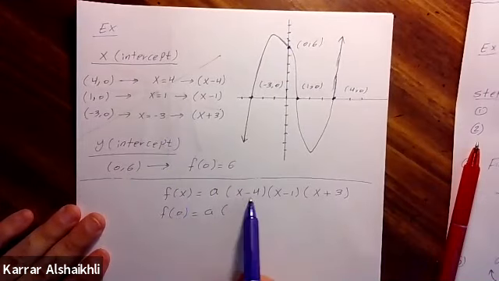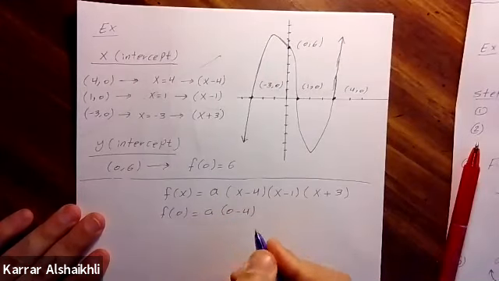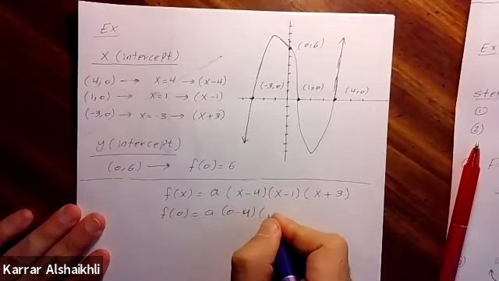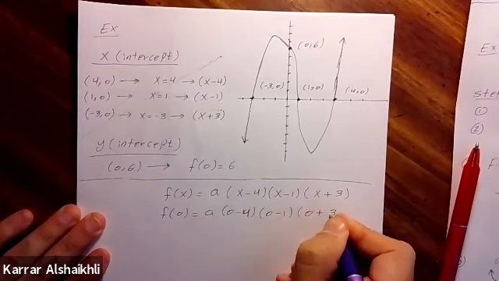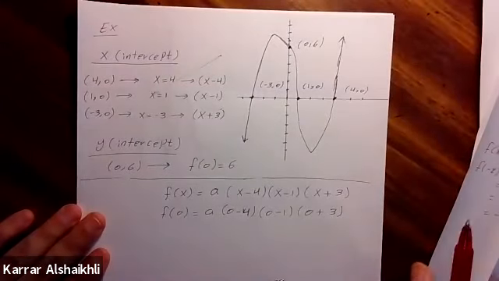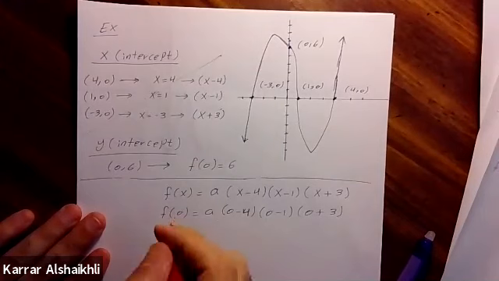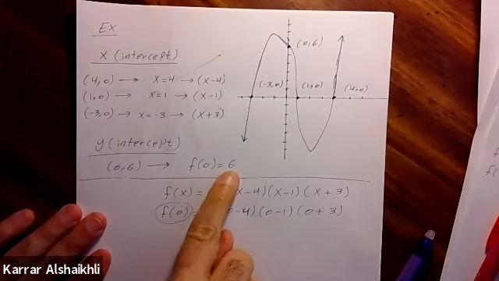So 0 minus 4, 0 minus 1, 0 plus 3. f(0) is only this part, and f(0) equals 6.